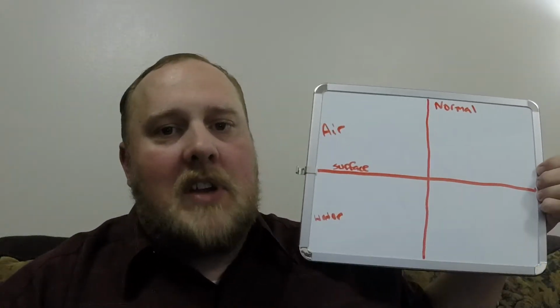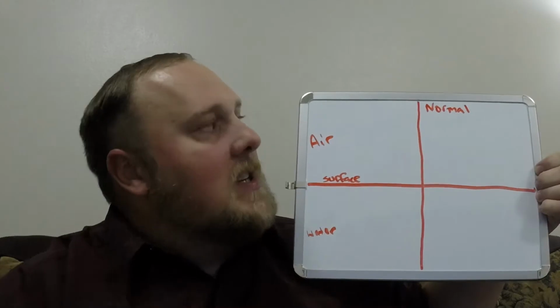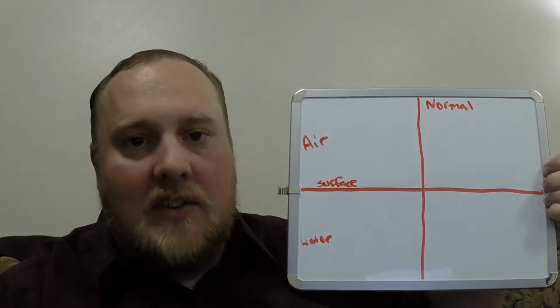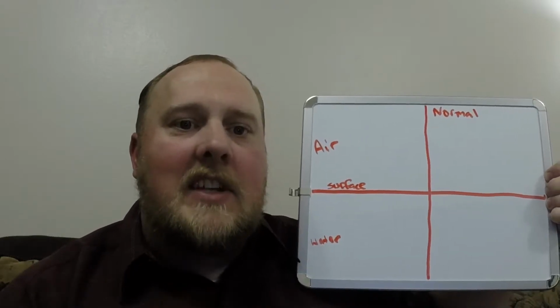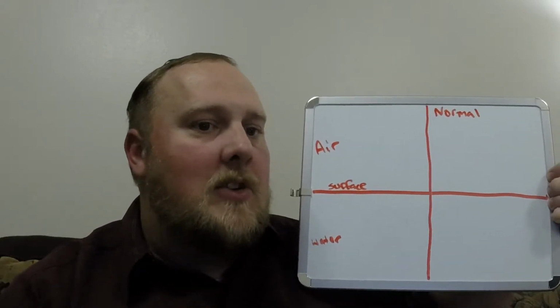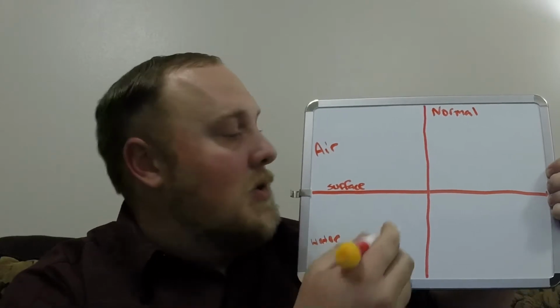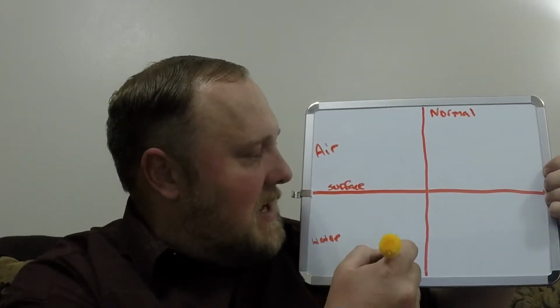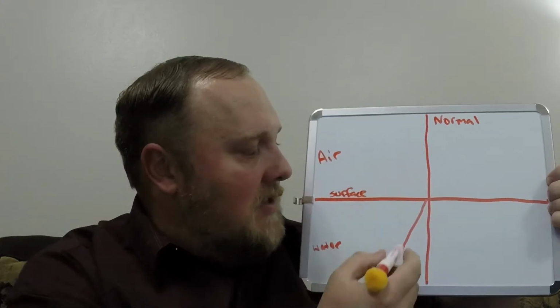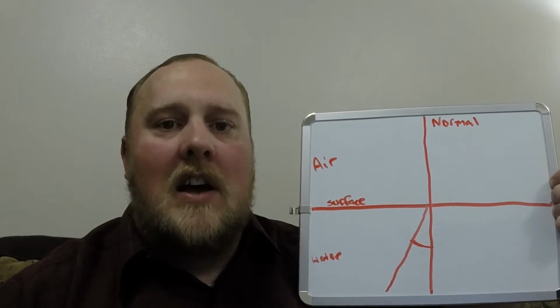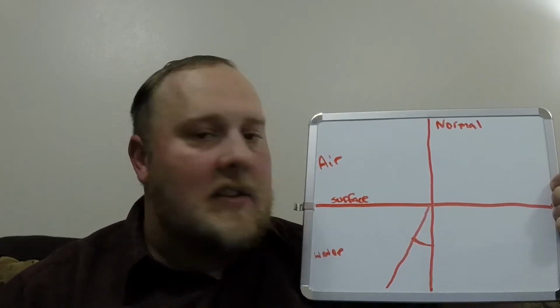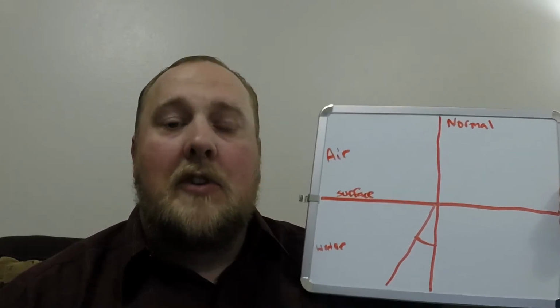So just a side vocab word: anytime we're talking about a perpendicular to the surface, that is known as the normal. So back to this. An incident line or ray makes an angle with the normal. So here we have a ray of light coming in, and this angle right here is known as our angle of incidence.